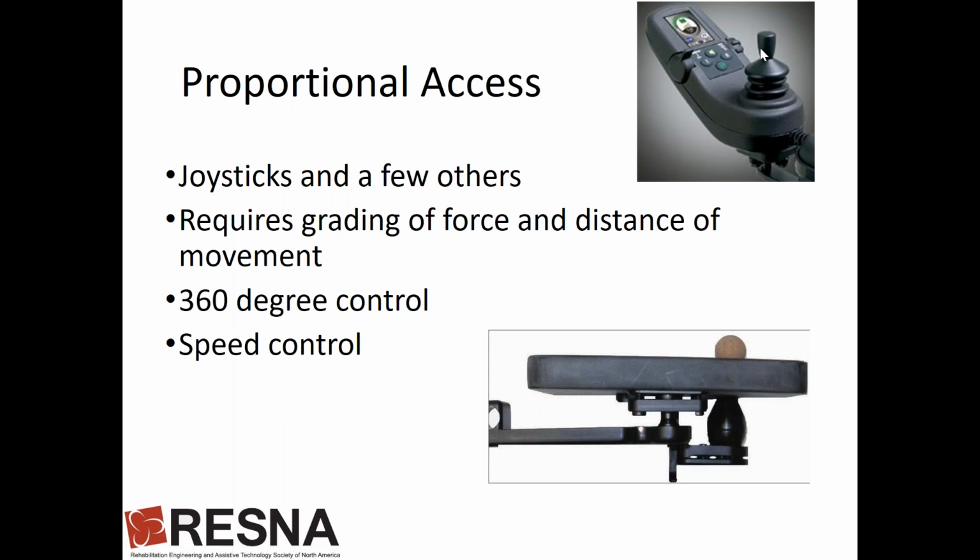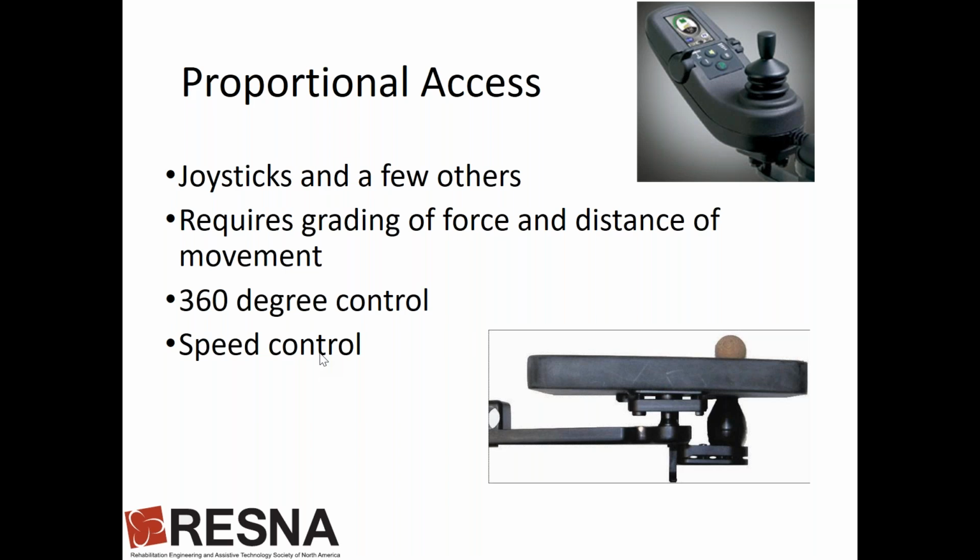So joystick, and it could be a standard joystick or this little mini joystick. And so the grading of force and distance of movement, and it has 360 degrees of control. That's kind of what I was trying to say. And you also have the speed control where you don't have to do pedal to the metal. You can just hit it a little bit. And when somebody first gets into a power chair, sometimes I have to take time to explain to them that it's not all or nothing.